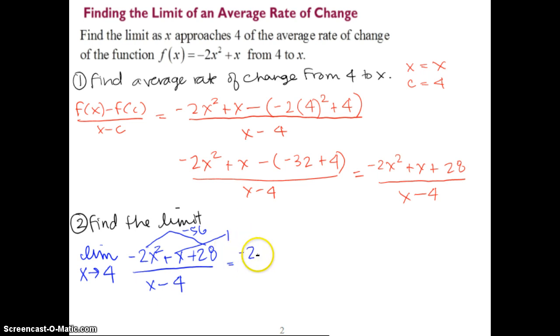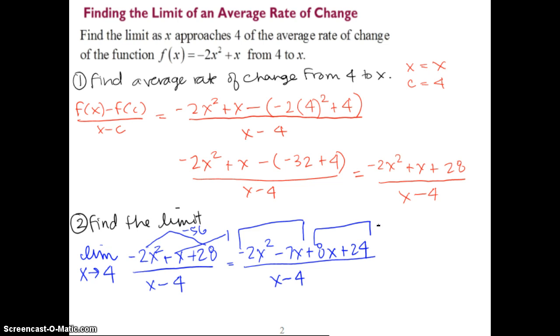So we'd say negative 2x squared minus 7x plus 8x plus 24 over x minus 4. Now that we've split the middle, if we group, we can factor out a negative x in the first group, and we're left with 2x plus 7.